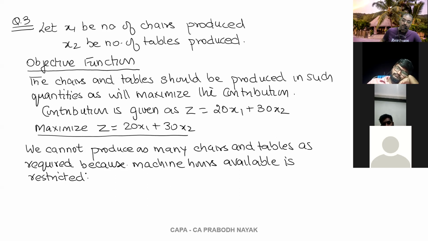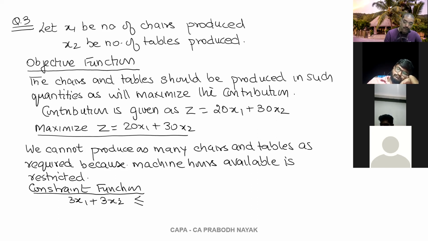So if I'm producing X1 number of chairs and X2 number of tables, my first restriction will be the constraint function: 3x1 plus 3x2 less than or equal to 36. Always remember, if the objective function is maximized, this is less than or equal to. I've got maximum 36 hours. Okay, so this is of machine M1.